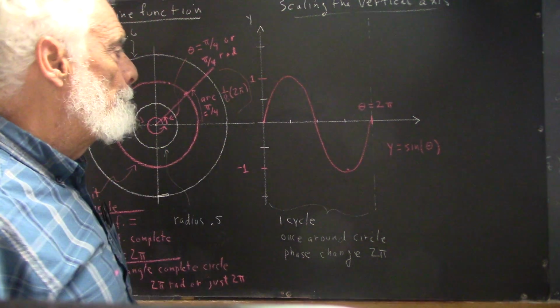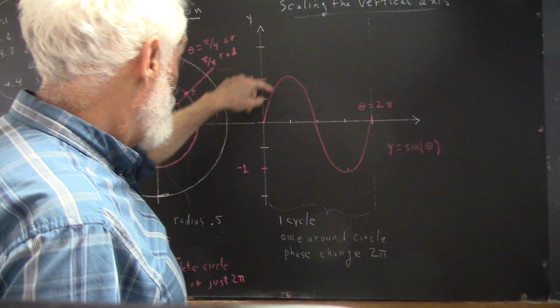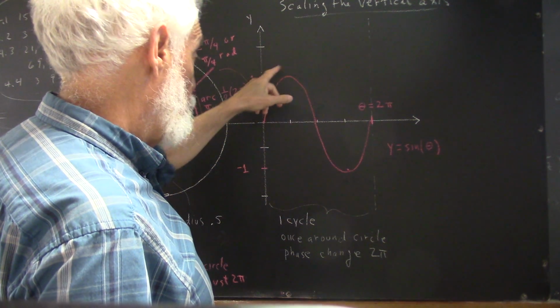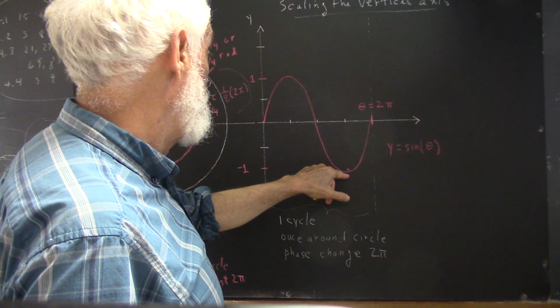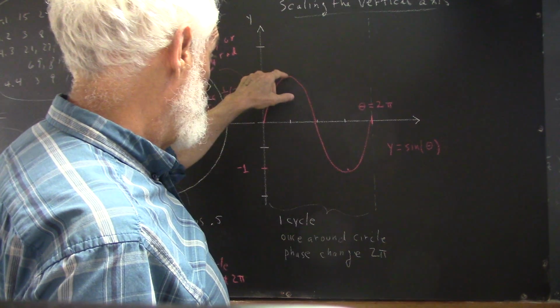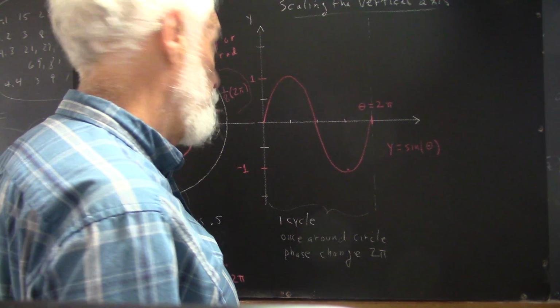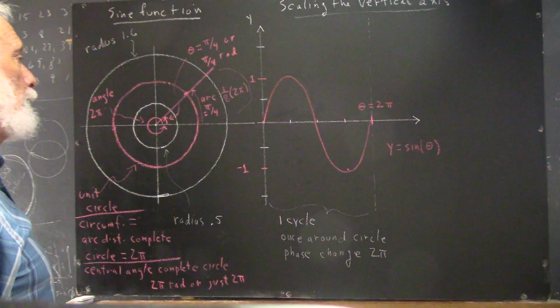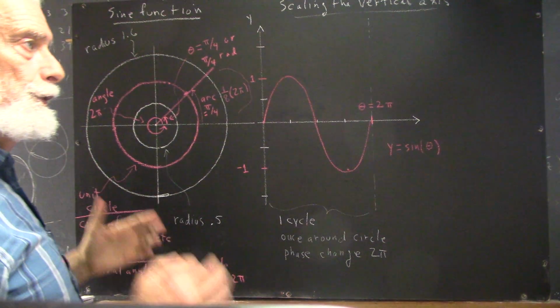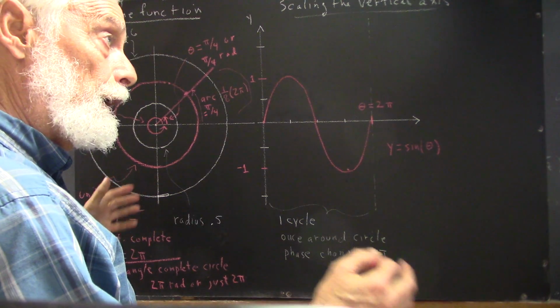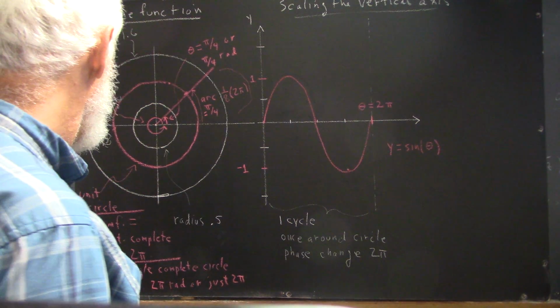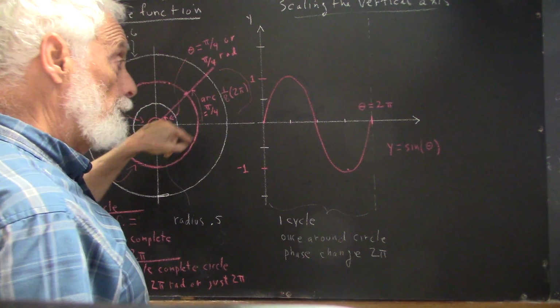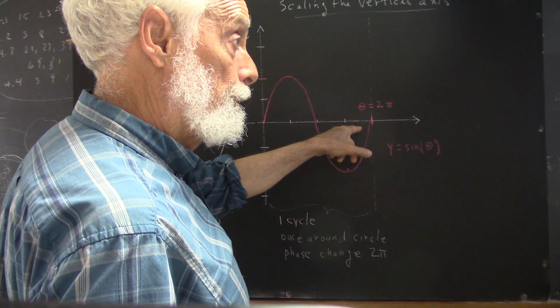The sine function comes up to a peak at 1, down to a valley at y equals -1. Y equals 1 here, y equals -1 here. And the basic sine function completes a cycle as we move all the way around the circle.